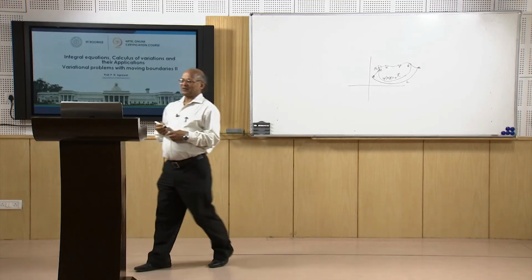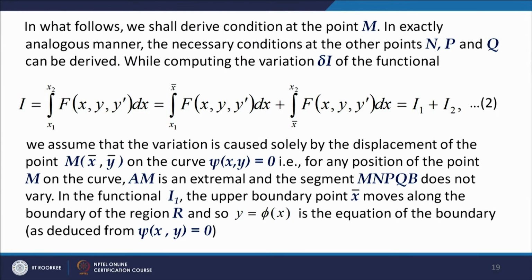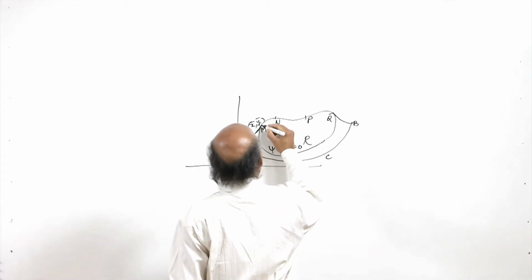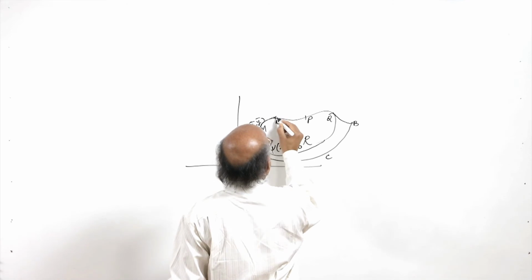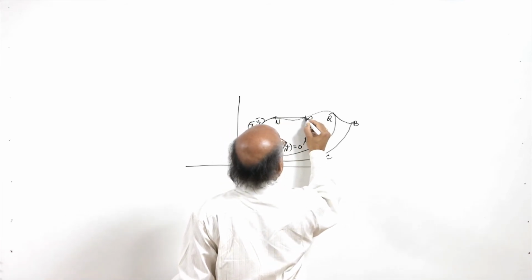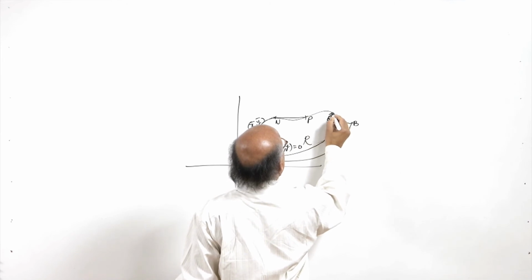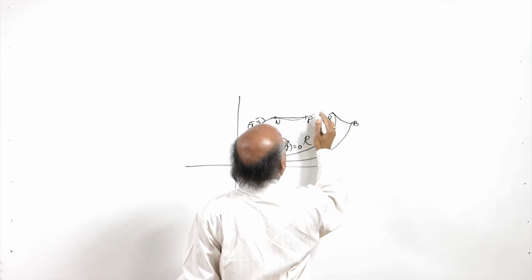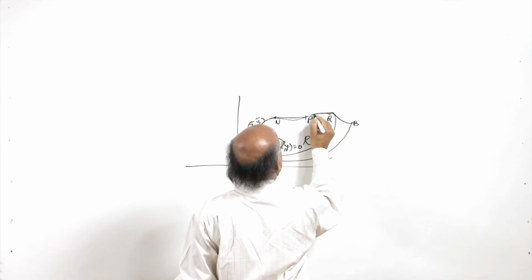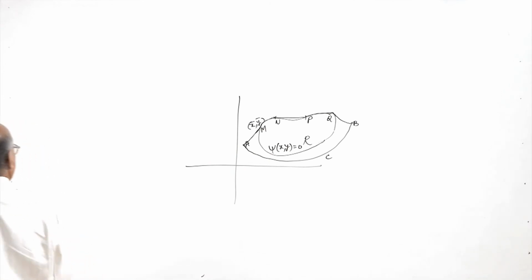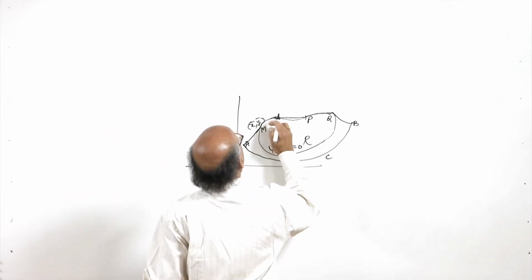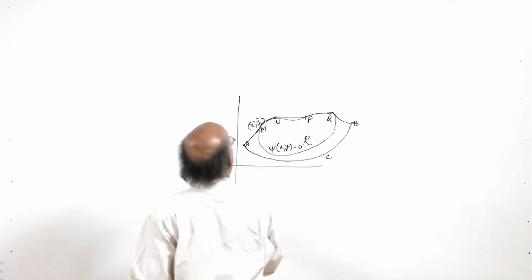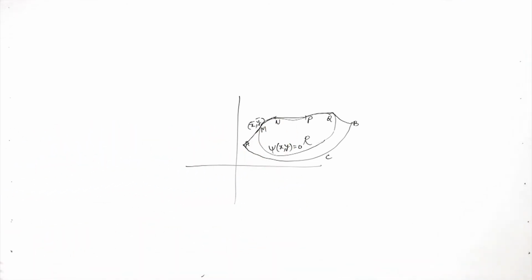So, by the displacement of the point M, x bar, y bar on the curve psi(x, y) equal to 0, that is, for any position of the point M on the curve, AM is an extremal and the segment MNPQB does not vary.